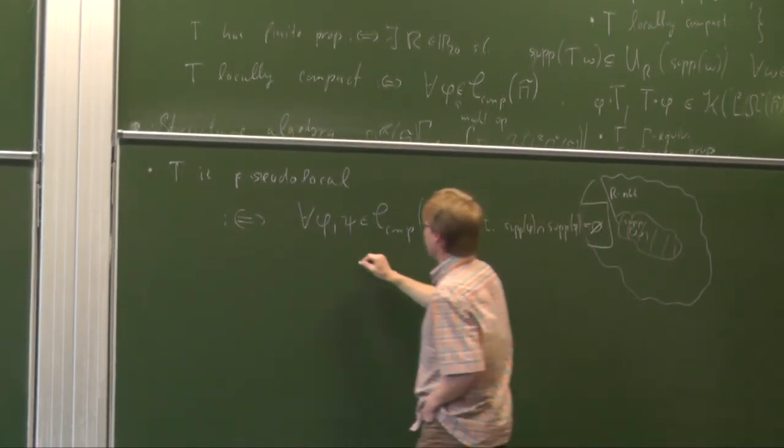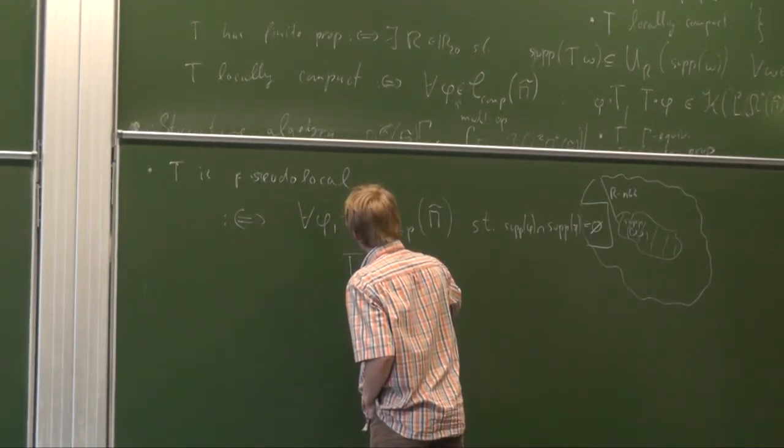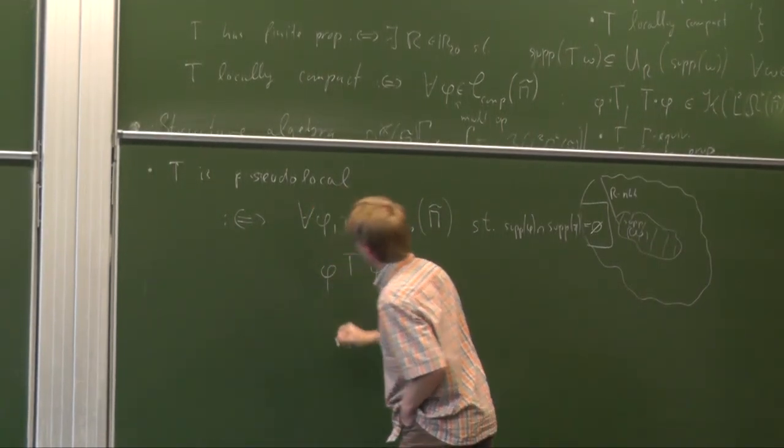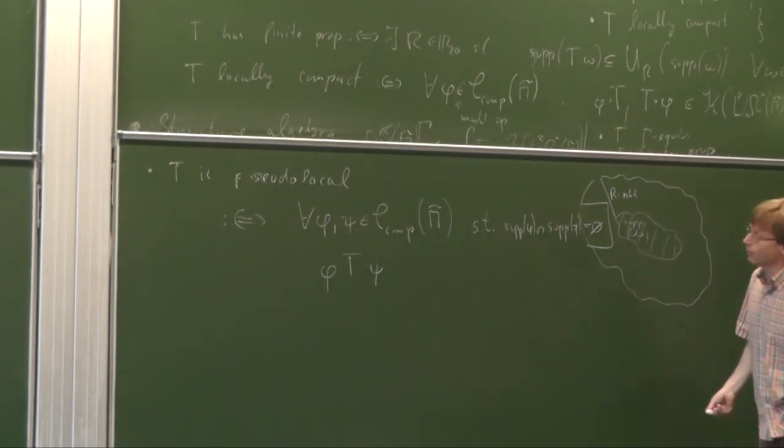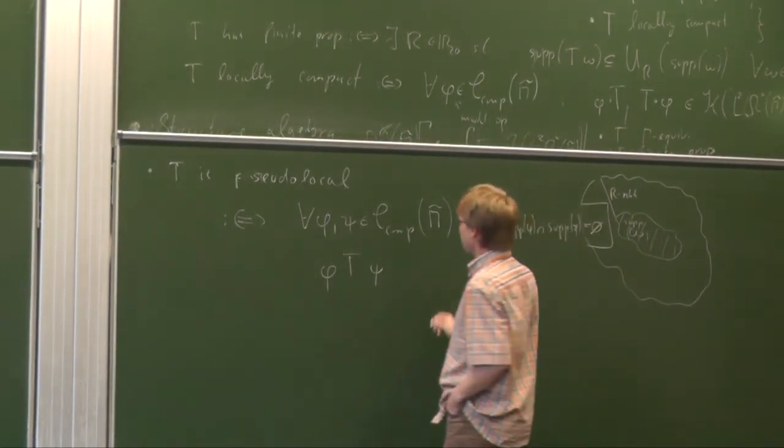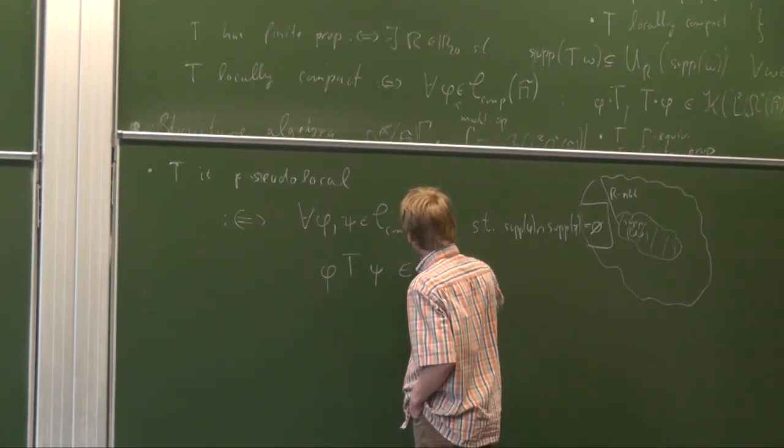Then we can apply the multiplication operators. First we multiply with psi, then we apply T, and then we multiply with phi. And I'm assuming that this guy is a compact operator.